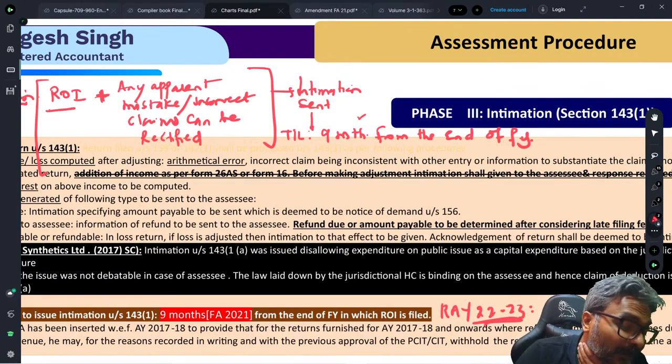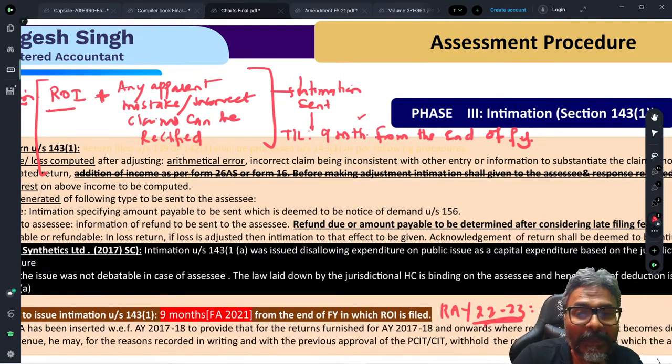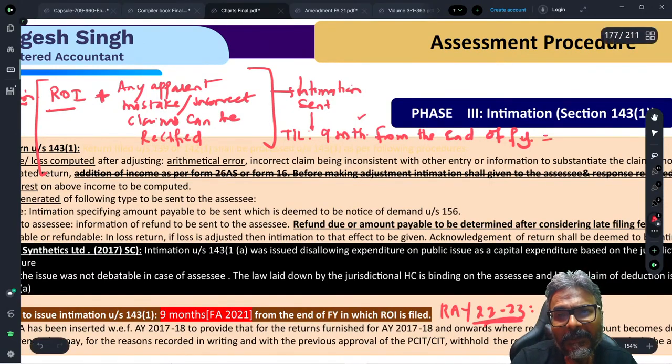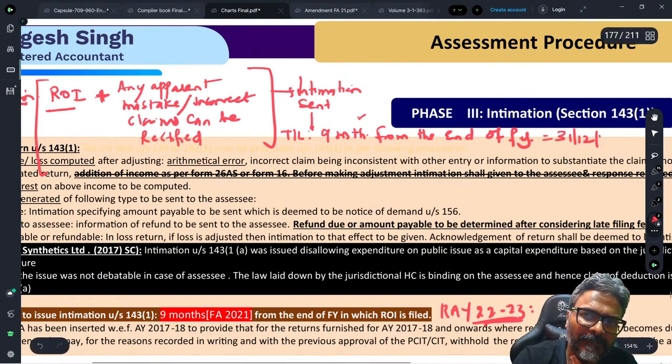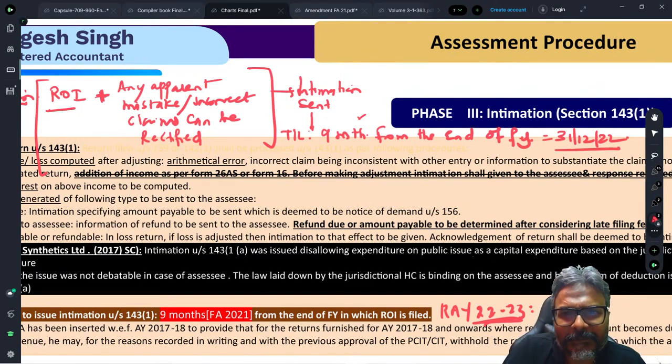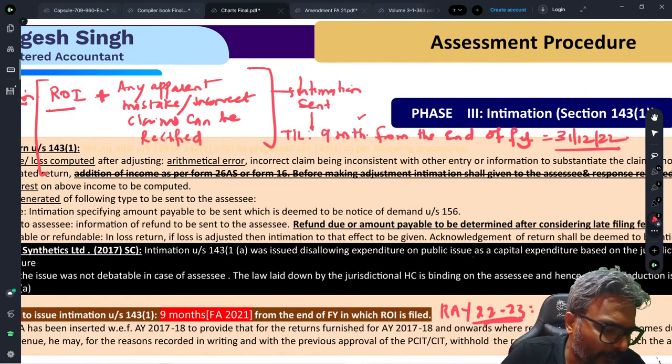So from 22-23 plus 9 months, you get 31st of December 2022. This is what you all get in this context.